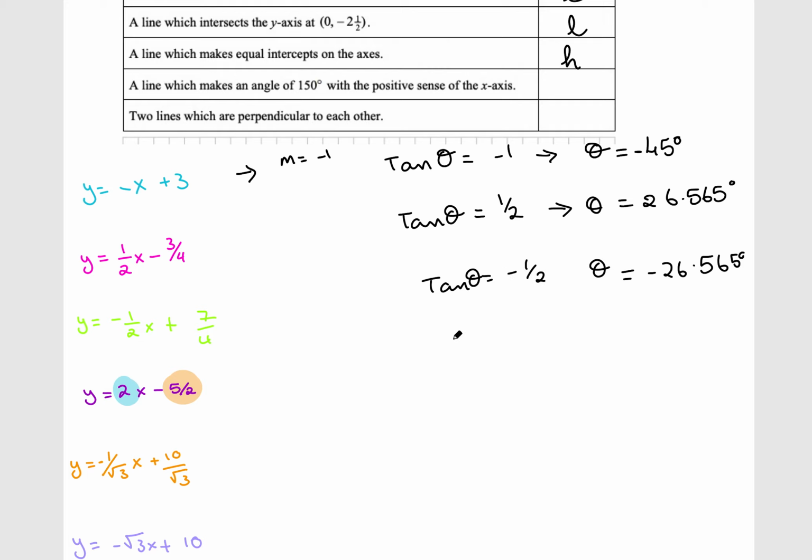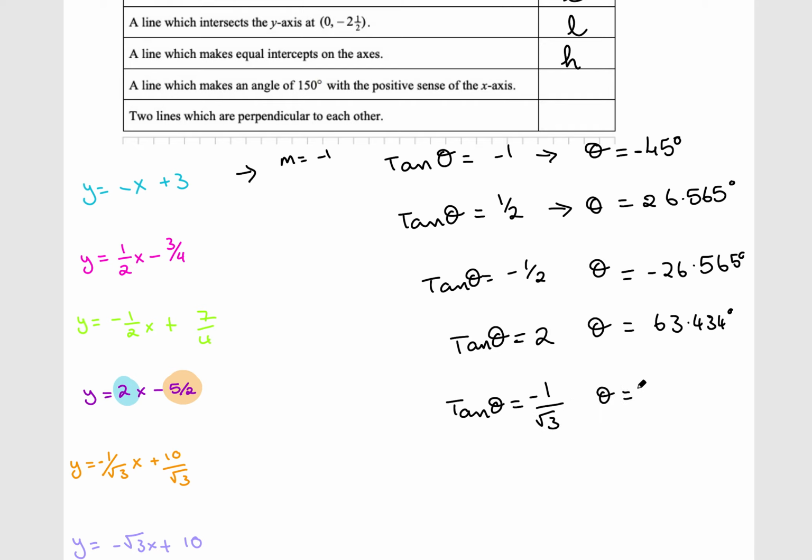So what about tan theta, sorry, it's not an alpha, tan theta is equal to 2. If we get tan inverse of that, tan inverse of 2 works out to be 63.434. So still not what we're looking for. Tan inverse then of the next one. Tan of the angle is equal to the slope, in this case -1 over √3.